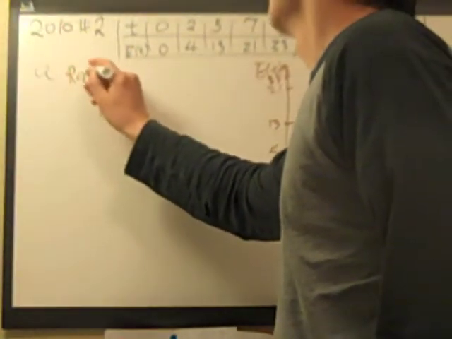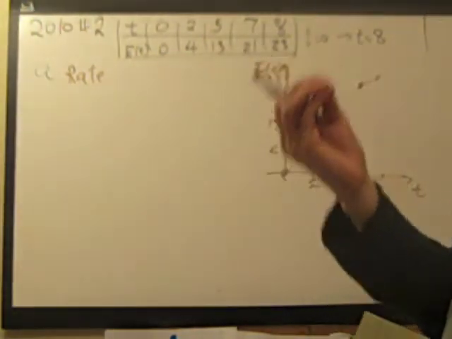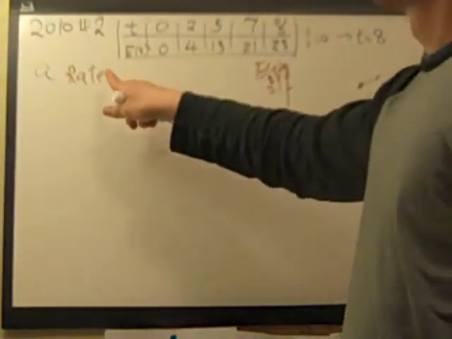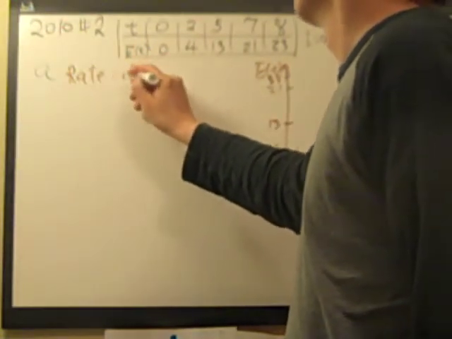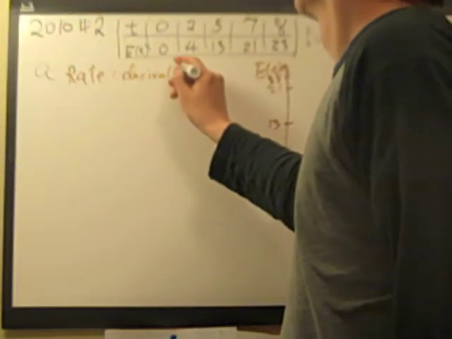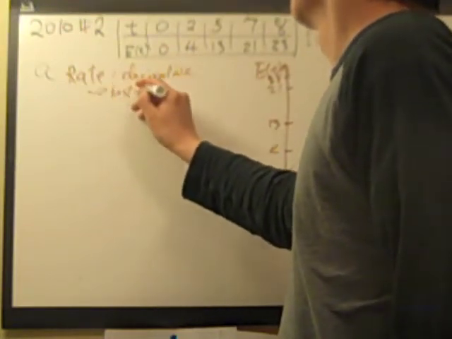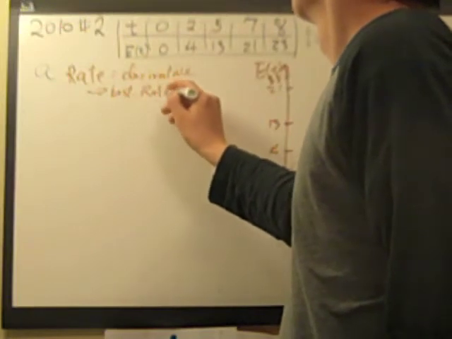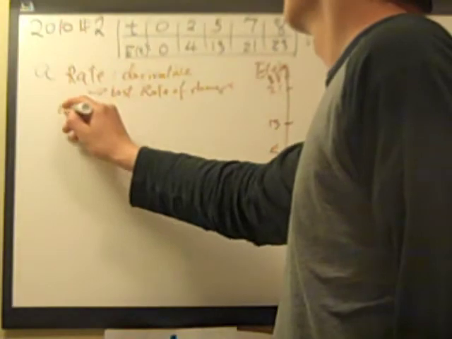Entries are the actual number of entries, so when we're talking about the rate of entries, we're talking about derivatives, or better yet, instantaneous rate of change. Now we want to find it at t equal to 6.